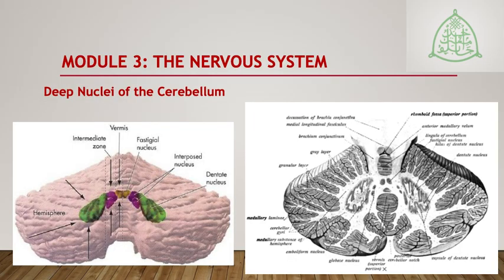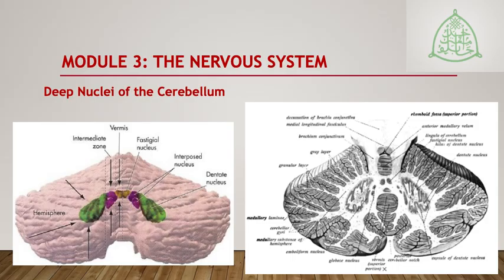So this one is also the transverse section to show you the deep nuclei, which we already mentioned earlier on, but the color is indicating those deep nuclei. So you can see in green, that is the largest nucleus, which we said is the dentate nucleus, and the dentate nucleus, like I said, is the most important nucleus, which serves as a bypass for neurons leaving the cerebellum, mostly heading towards the cerebral cortex.